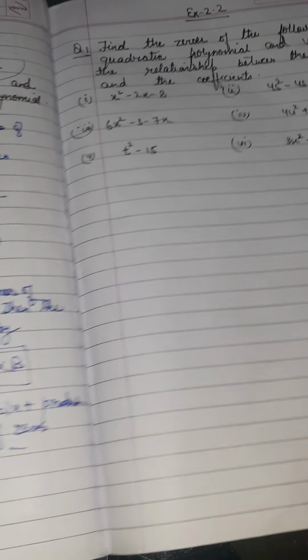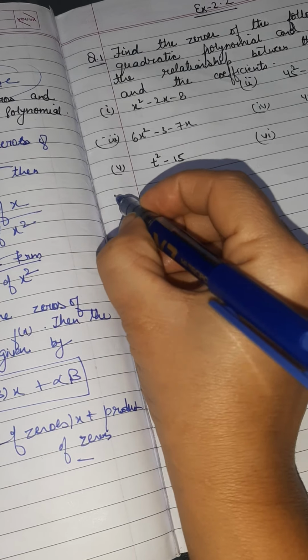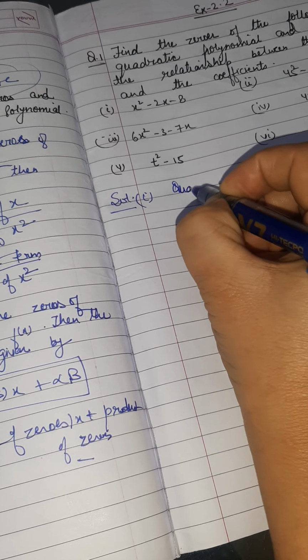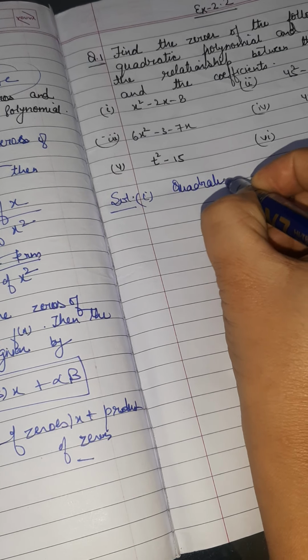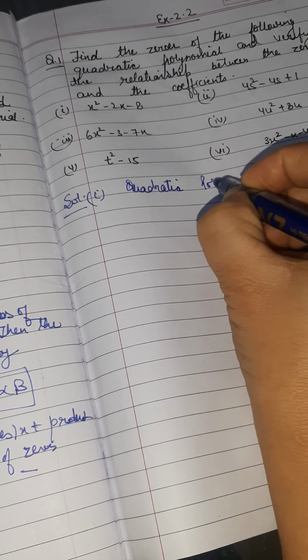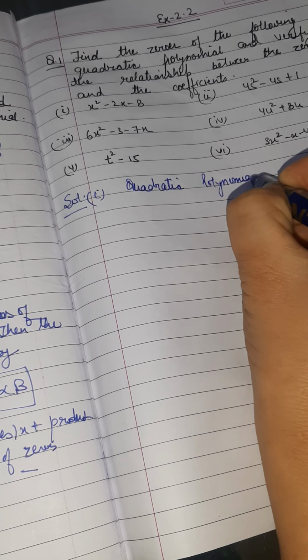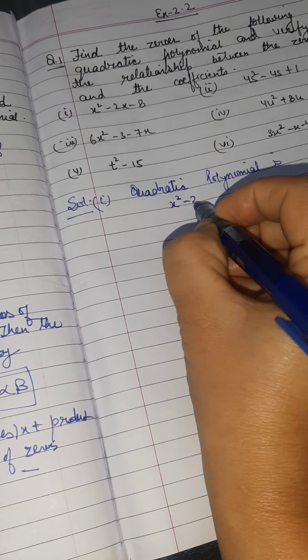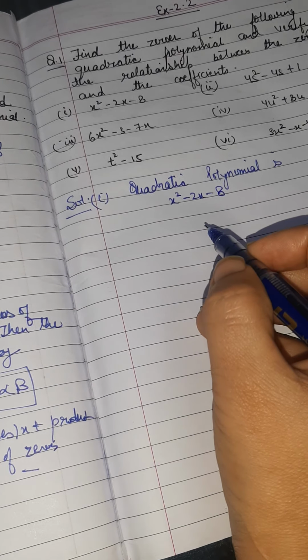So this is the solution. The first quadratic polynomial is x square minus 2x minus 8.